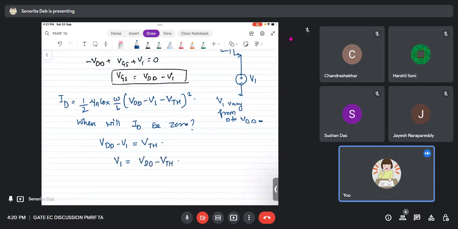That means V1 will be equal to what? VDD minus VTH. Is this clear? This is from the equation. This will become 0 when VDD minus V1 minus VTH is 0. In that case, ID will be 0. So VDD minus V1 will be VTH. That means V1 will be VDD minus VTH. At this condition, ID becomes 0. MOSFET is off.